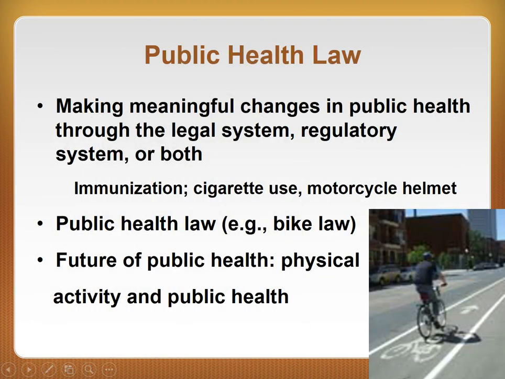Alright, so next we would cover public health law. Many times the best strategy for making meaningful change in public health is through the legal system, the regulatory system, or both. For example, the immunization laws for children prevent many early diseases and deaths. The regulation on cigarette use in public places can be really helpful.